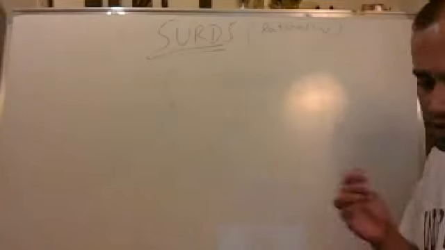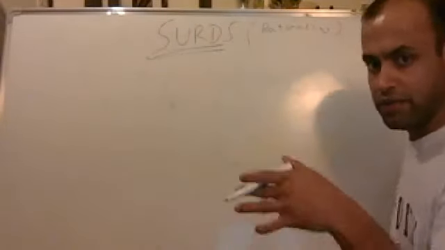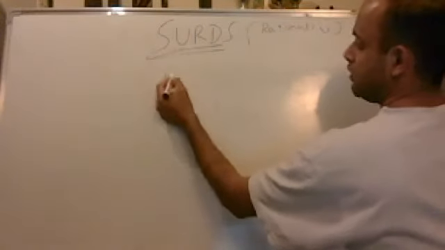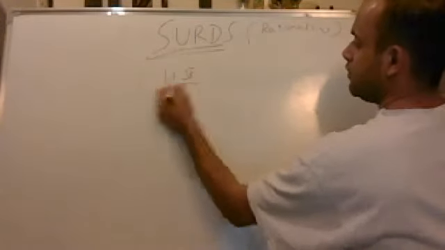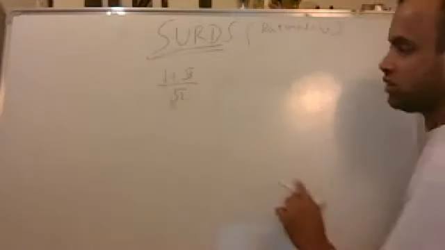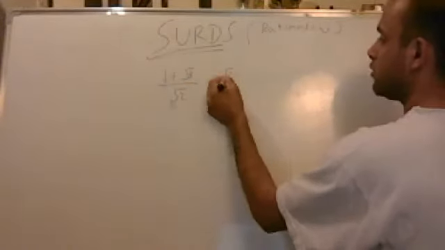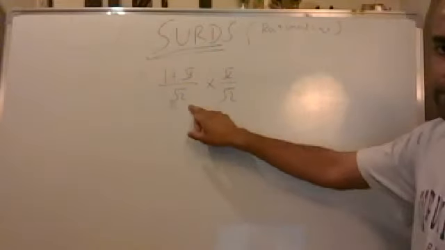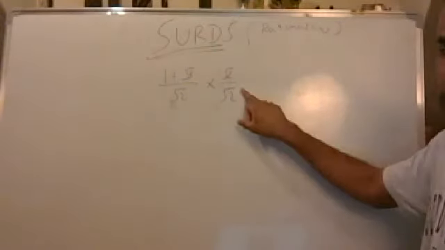So basically what you need to do in rationalizing is you need to get rid of any square roots at the denominator. So let's say we have a question like this: 1 plus root 3 over root 2. So what you do, you multiply both top and bottom by the root 2 here. So basically you multiply by root 2 over root 2.